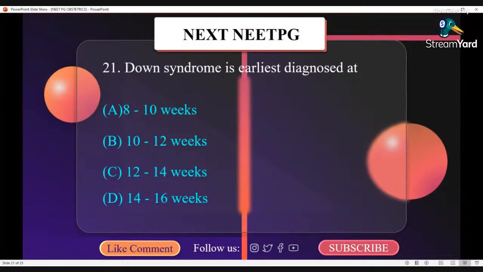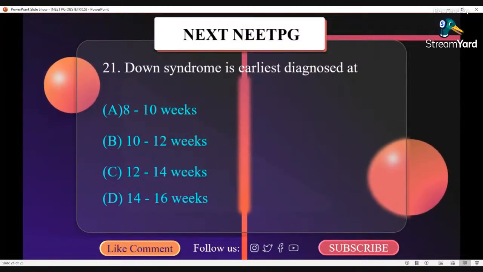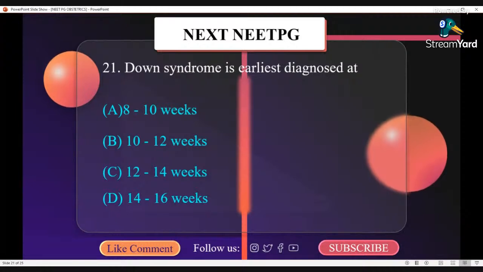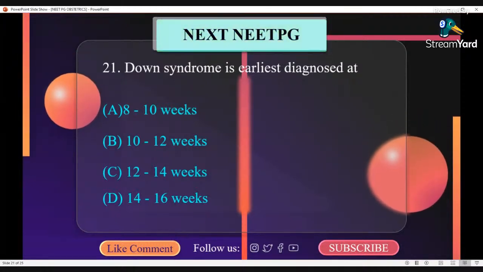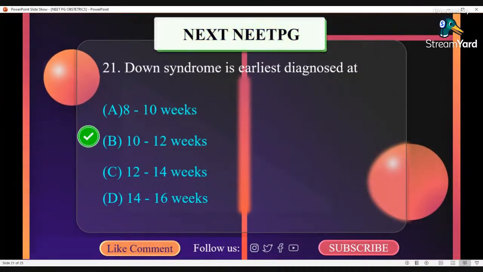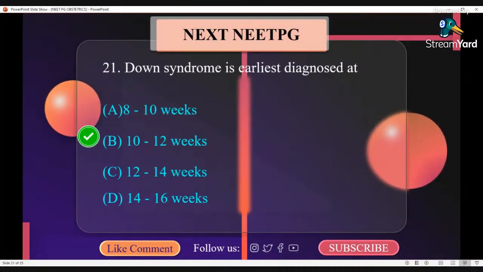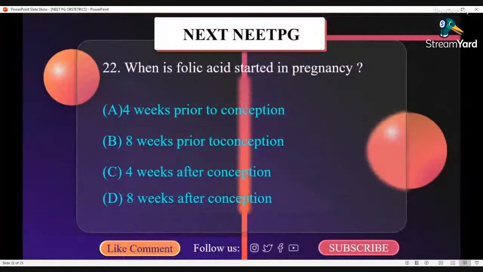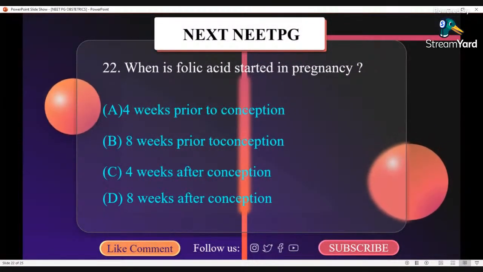Down syndrome is earliest diagnosed at A, 8 to 10 weeks, B, 10 to 12 weeks, C, 12 to 14 weeks, and D, 14 to 16 weeks. It is 10 to 12 weeks. Now, when is folic acid started in pregnancy? This is a very important question.